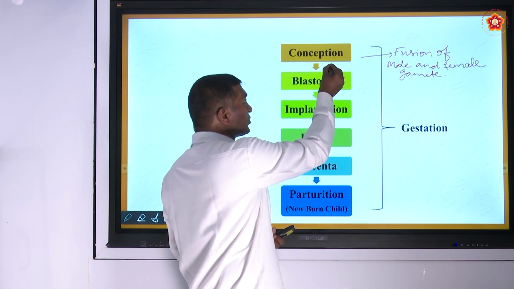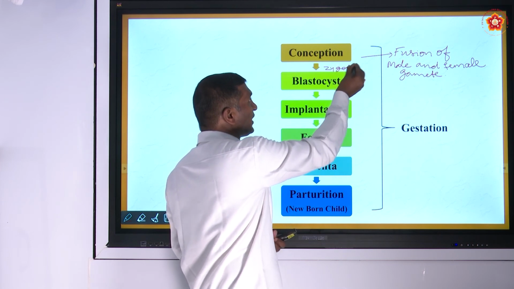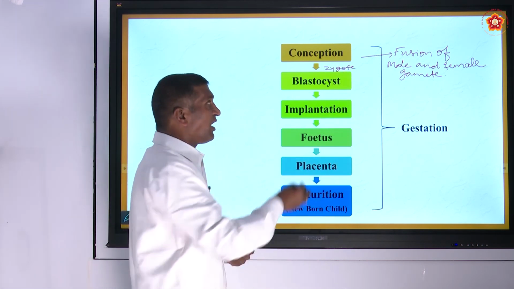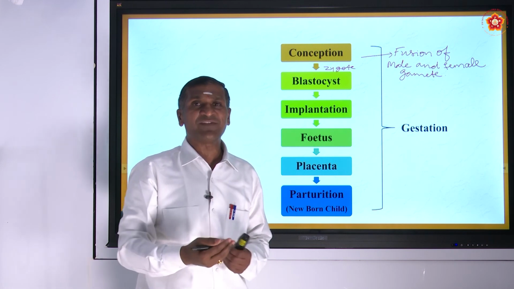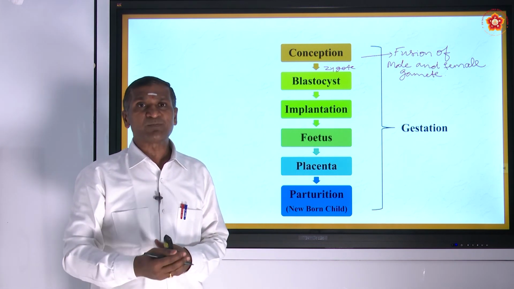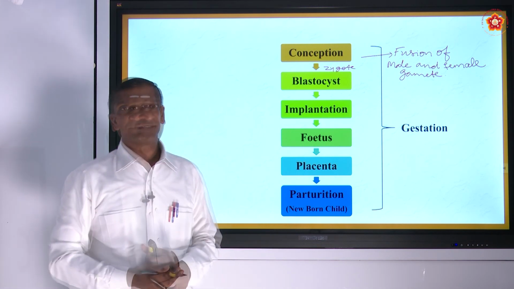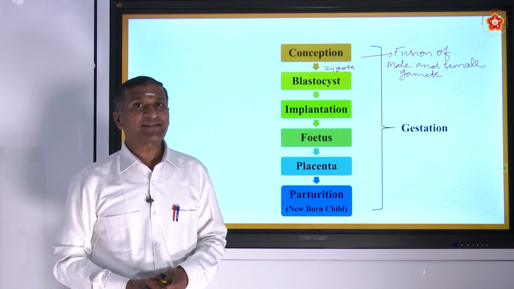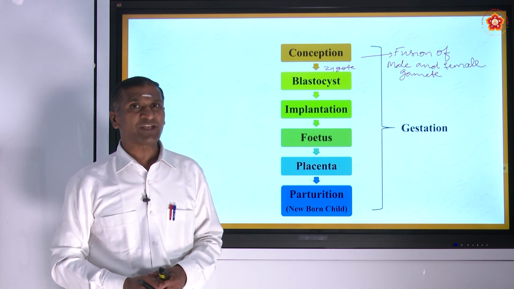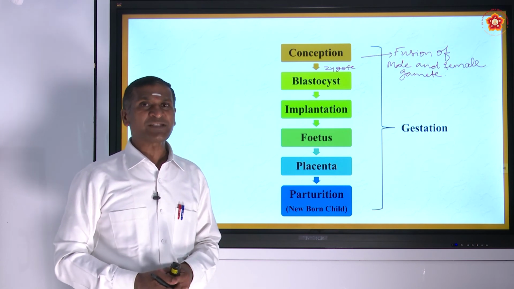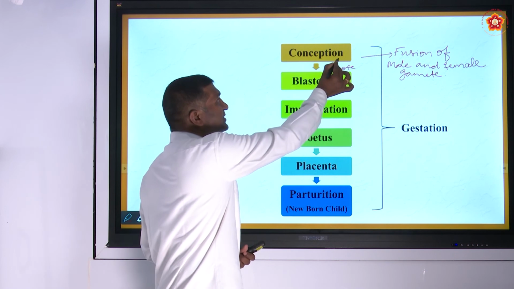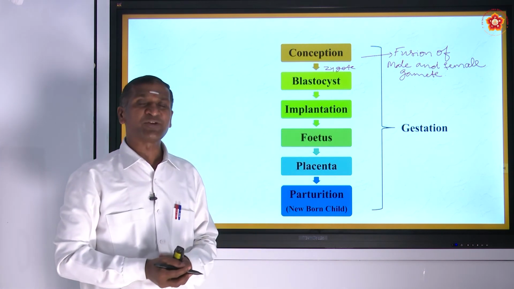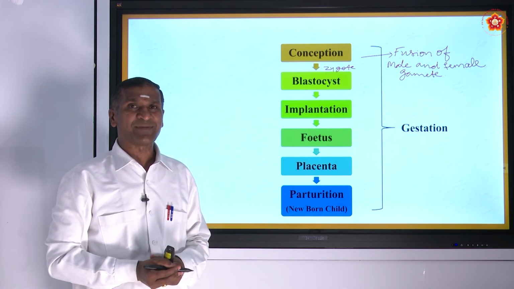That zygote obtained due to conception undergoes continuous cleavage divisions. The human fertilization process starts from the zygote formation, and the zygote is formed by the conception process, that is the fusion of male and female gametes.